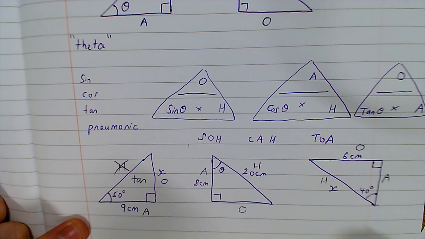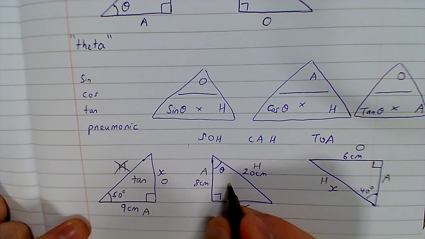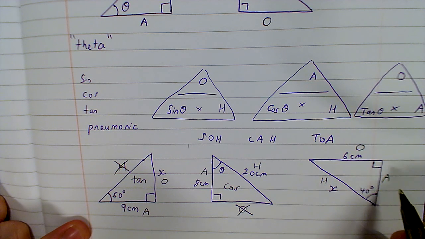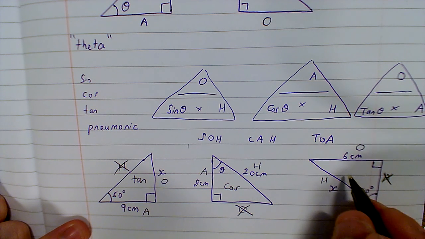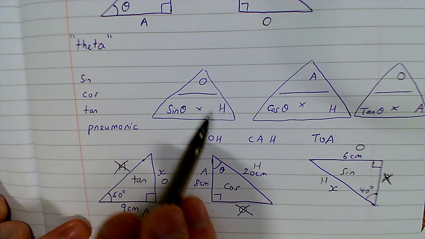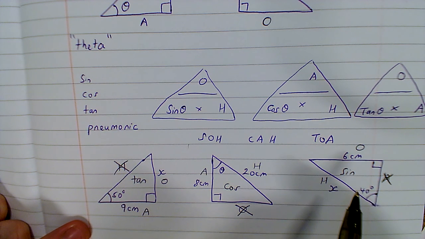The middle one is A and H because we're not using O, so that's a cos question because cos is the one that uses A and H. And the final one does not use the adjacent, so that's a sin question because sin is the one that uses O and H.